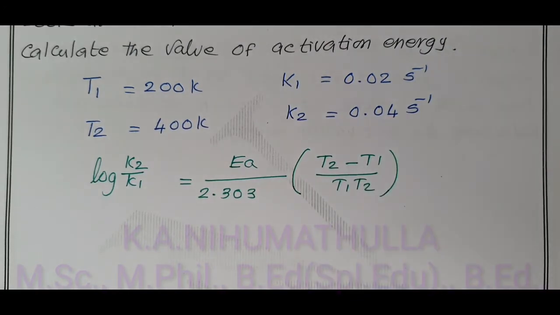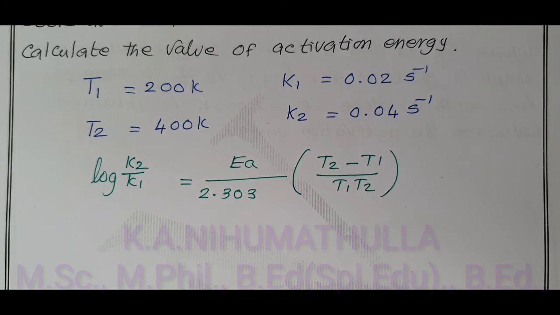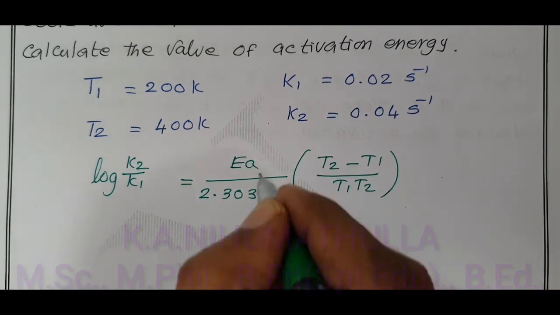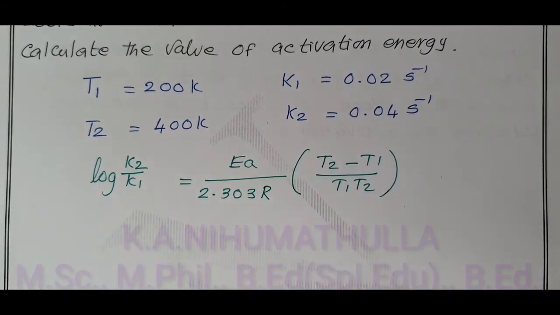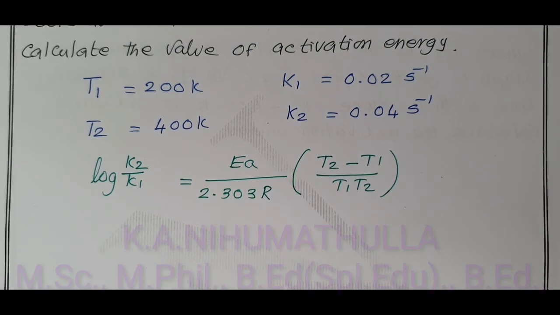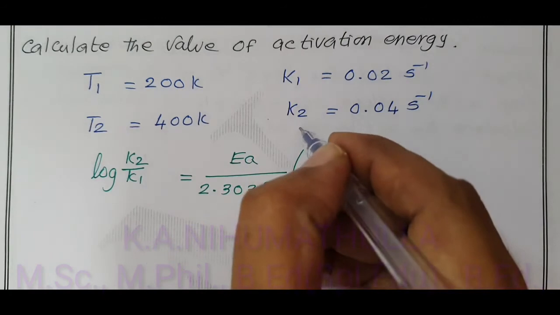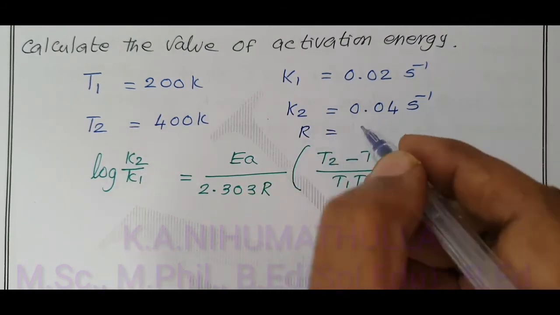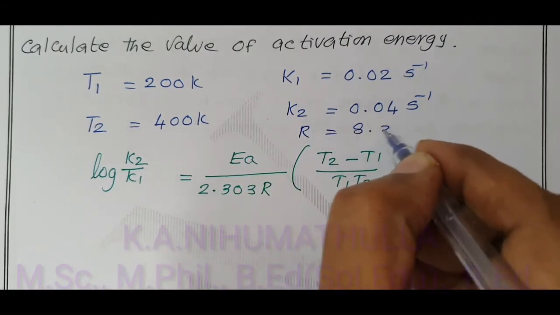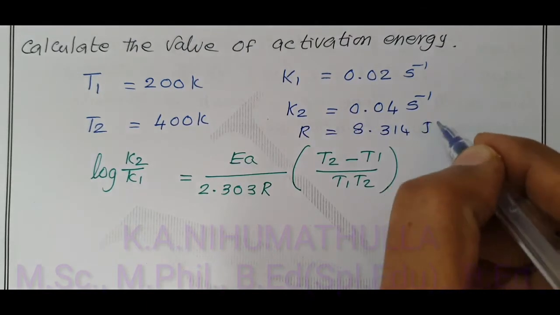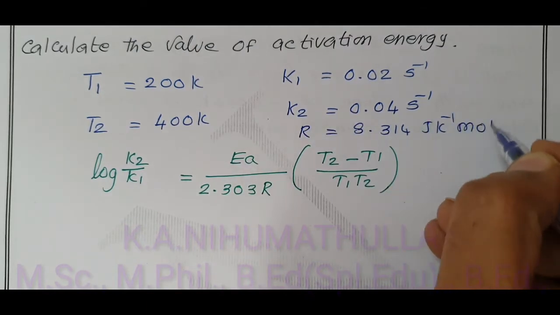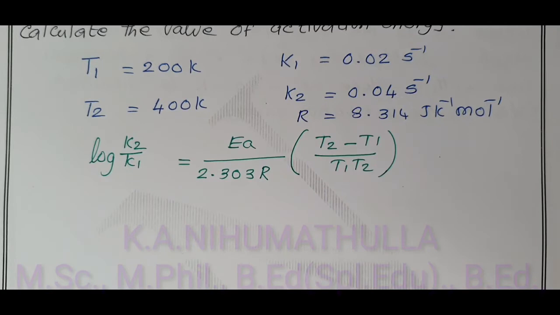From this, we are going to calculate the Ea value, the energy of activation value. Now I substitute all the values in this. R is the gas constant in joule. It is 8.314 joule Kelvin power minus 1 mole power minus 1.